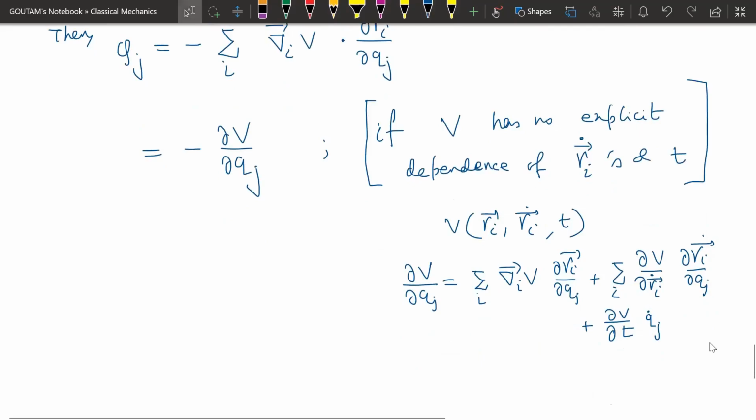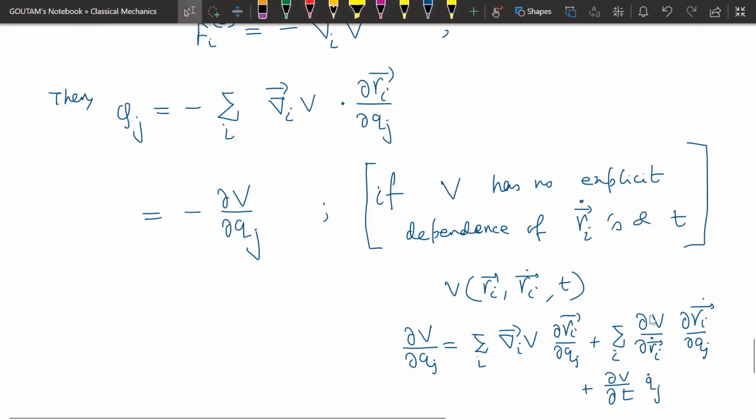But these terms are not there in this expression. So we are equating this term with this term, and they can be equal only when these other two terms become zero. That means this V doesn't have any velocity dependence and doesn't have any explicit time dependence.